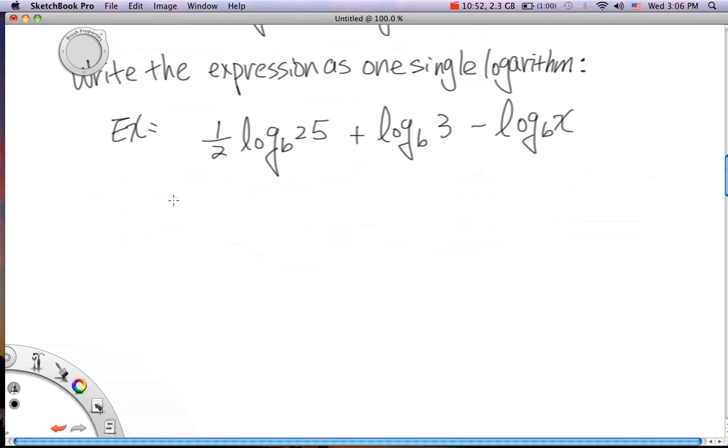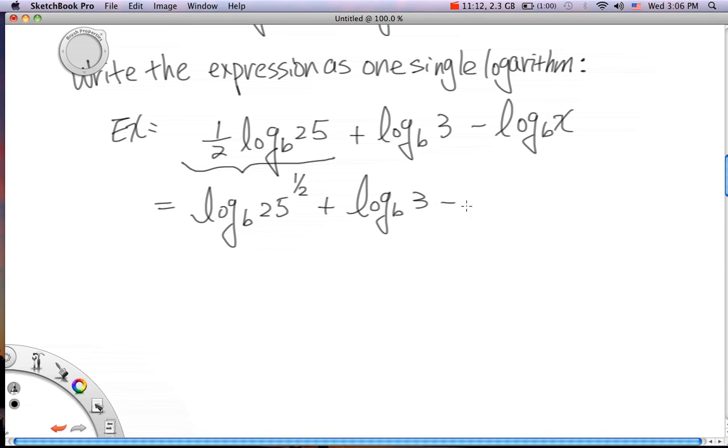Yeah, because when you have addition and subtraction, it makes a big difference which way you do it. So let me take care of this guy first, right? Now remember that 1/2 power came from the exponent, so I can write it this way: 25 to the 1/2 power plus log base b of 3 minus log base b of x.